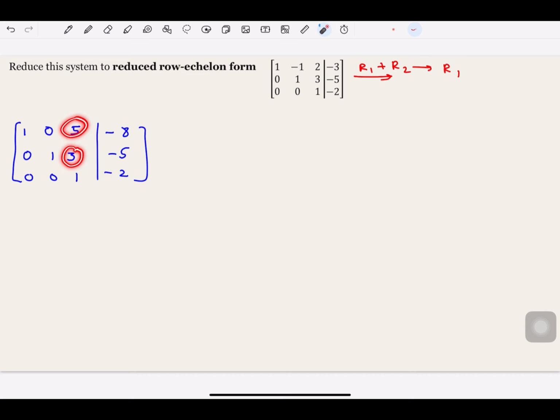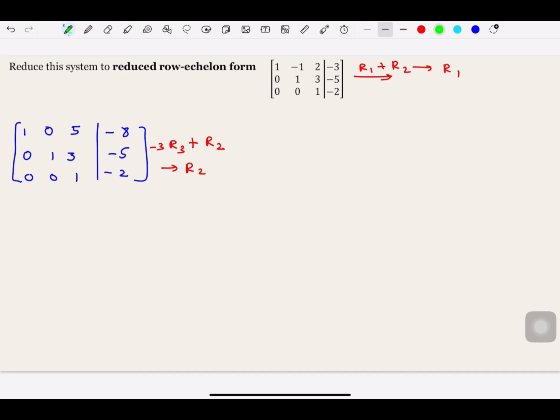To do that, I am going to use this number over here. I'm going to multiply the third row by -3 and add it into the second row. So I'm going to take my R3, multiply it by -3, and add it into R2, and the result will be in R2.